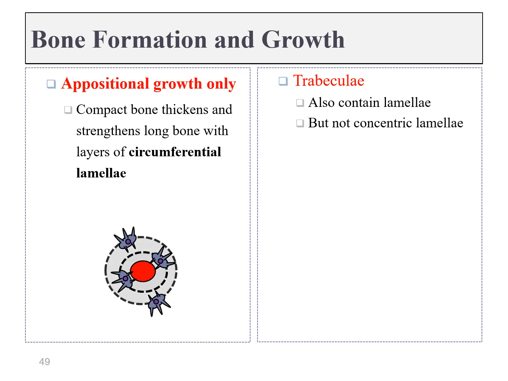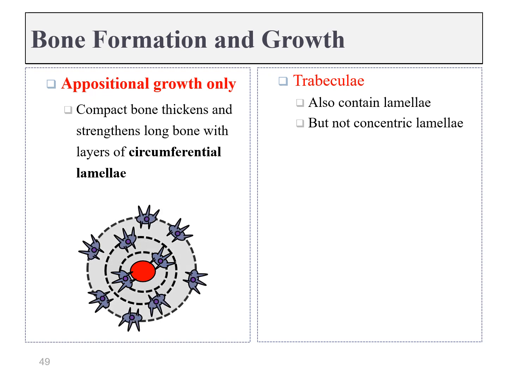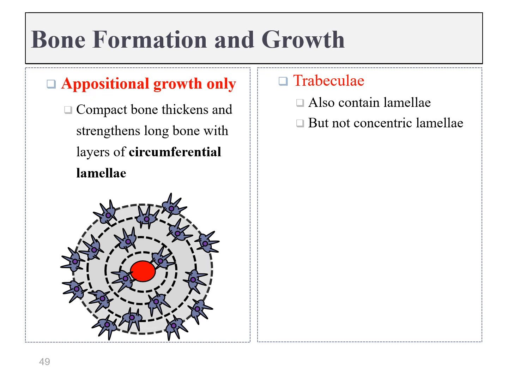Compact bone can only grow via appositional growth, meaning adding a layer upon another layer upon another layer. There is a maximum diameter for an osteon, and that is because all the nutrients come from the center and have to diffuse via the canaliculi to get to the outer edges. Therefore, if we need more bone tissue, we have to start another osteon.